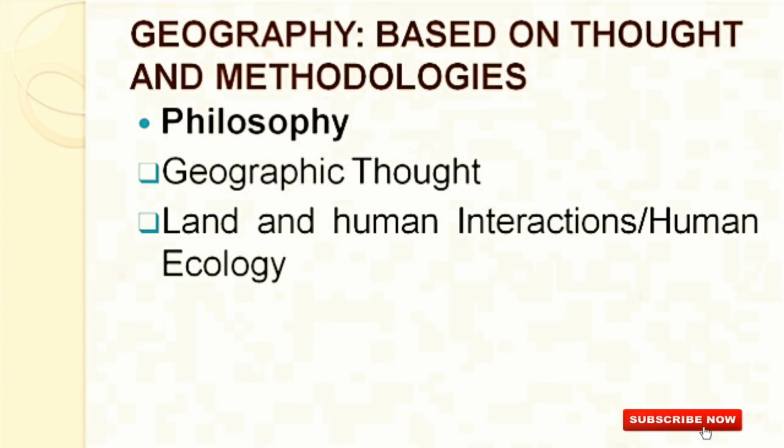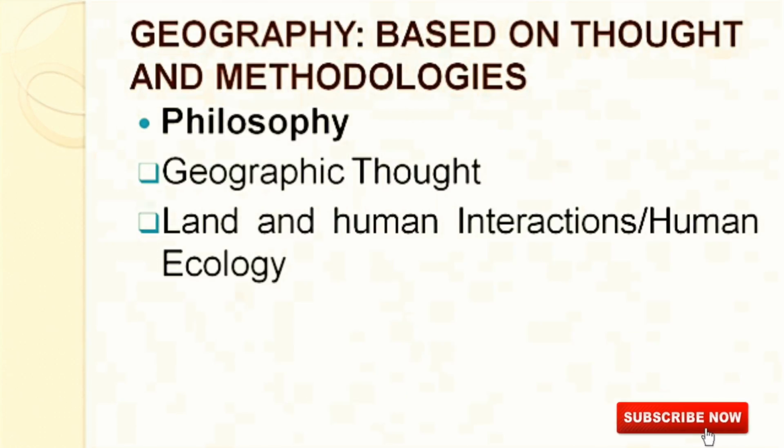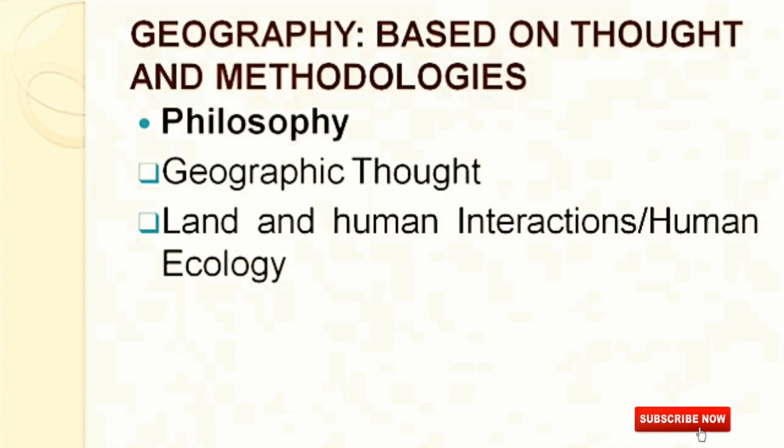Second, regarding the philosophy, we study land and human interaction or human ecology. As I have already told you in the characteristics of geography, land and human interaction or human and environment interaction is a very important part of studying geography.